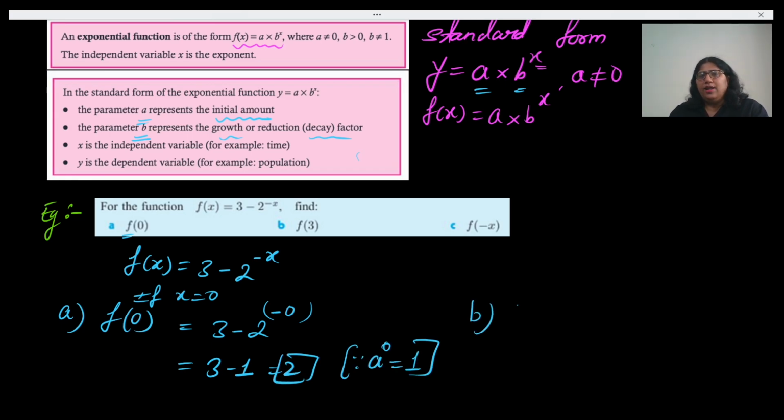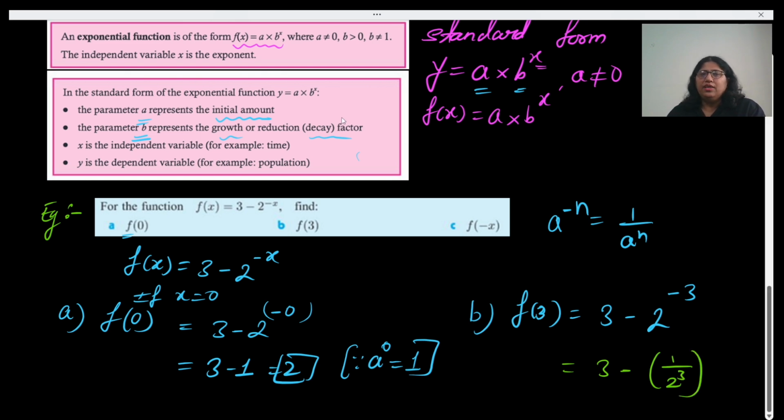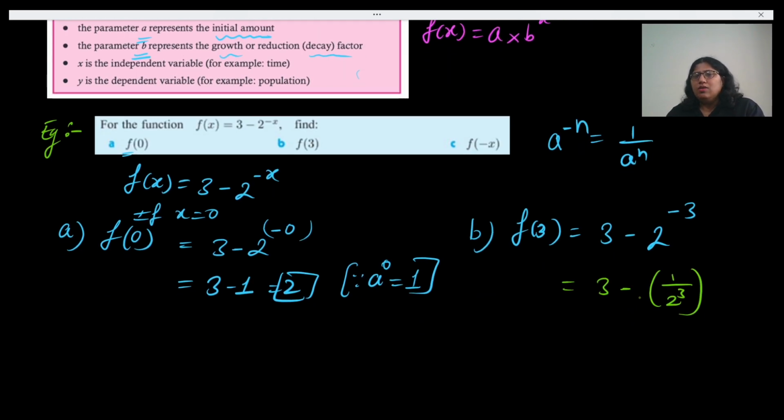If I take f of 3, then your x value is 3. So wherever you see x, you can substitute 3. Now, as per the exponent law, you should know a to the power minus n is 1 by a to the power n. So 3 minus 1 by 2 cube, because you won't be able to simplify if the power is negative, so I can make it a positive power.